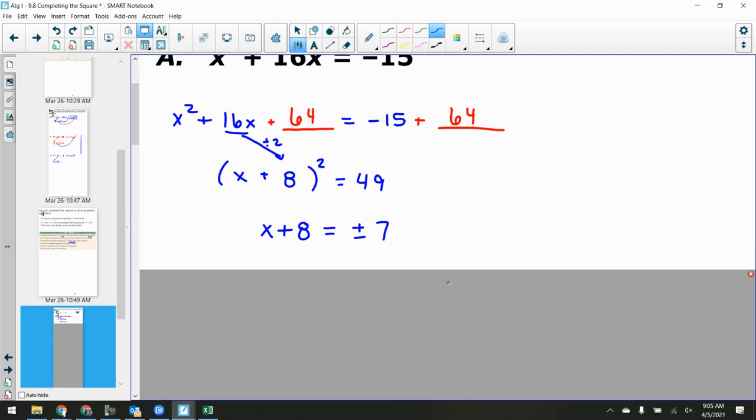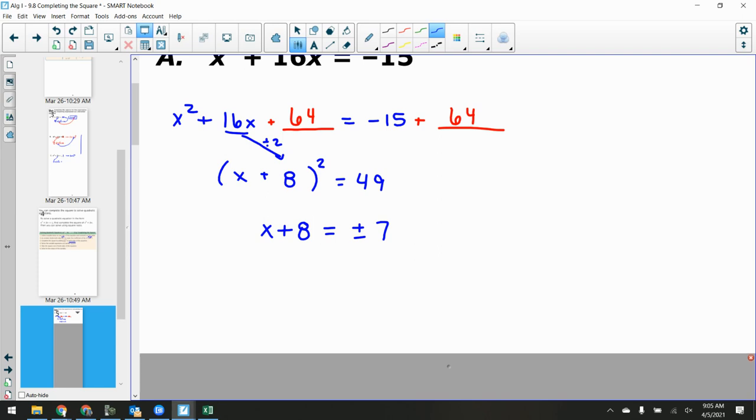And now this is where it can get a little tricky, because that is actually 2 different answers. At this point, that's when I have to make my 2 equations. I have to say x plus 8 is positive 7, x plus 8 is negative 7. Because there are 2 separate answers to this.